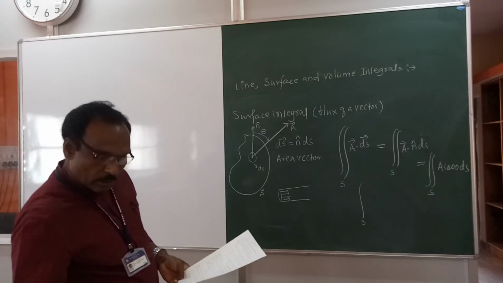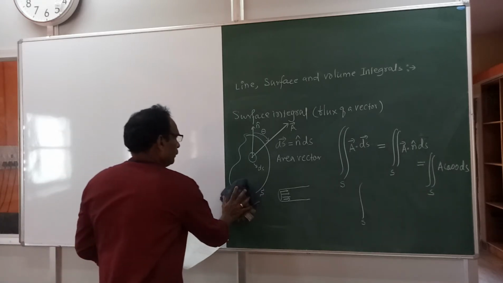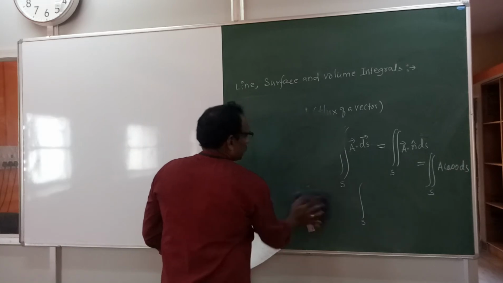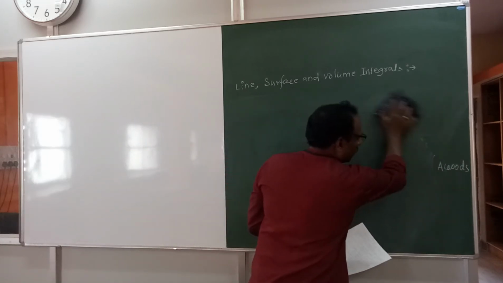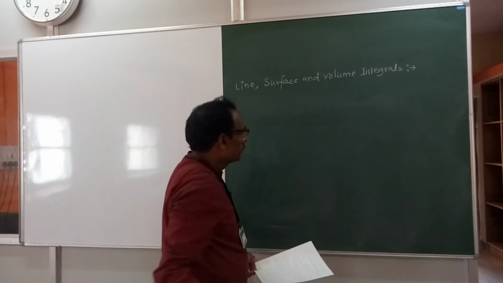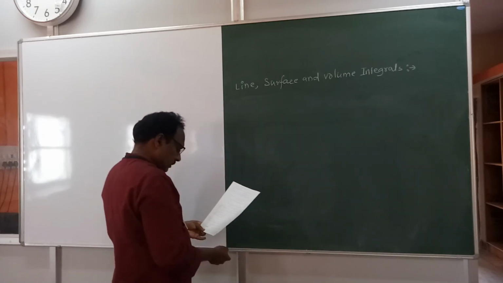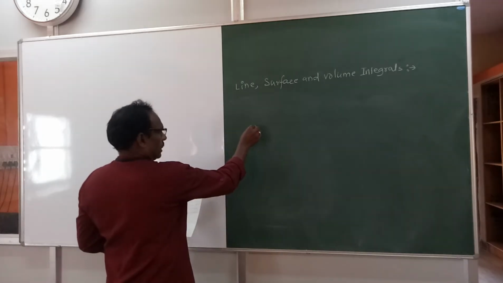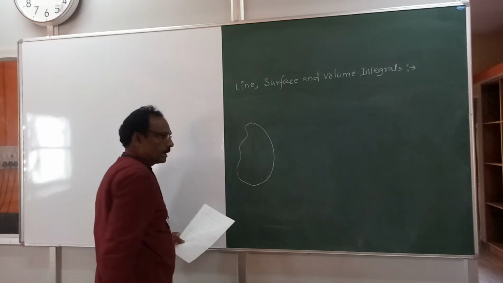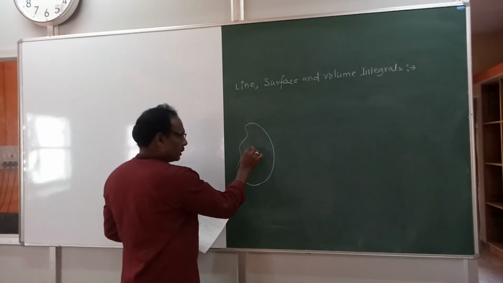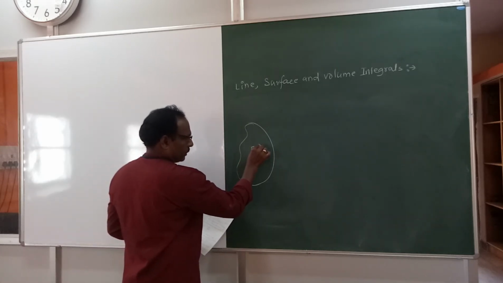Well, let us go for a volume integral. To find the volume integral, let us consider a closed surface again, and then we'll have a volume element of this kind.